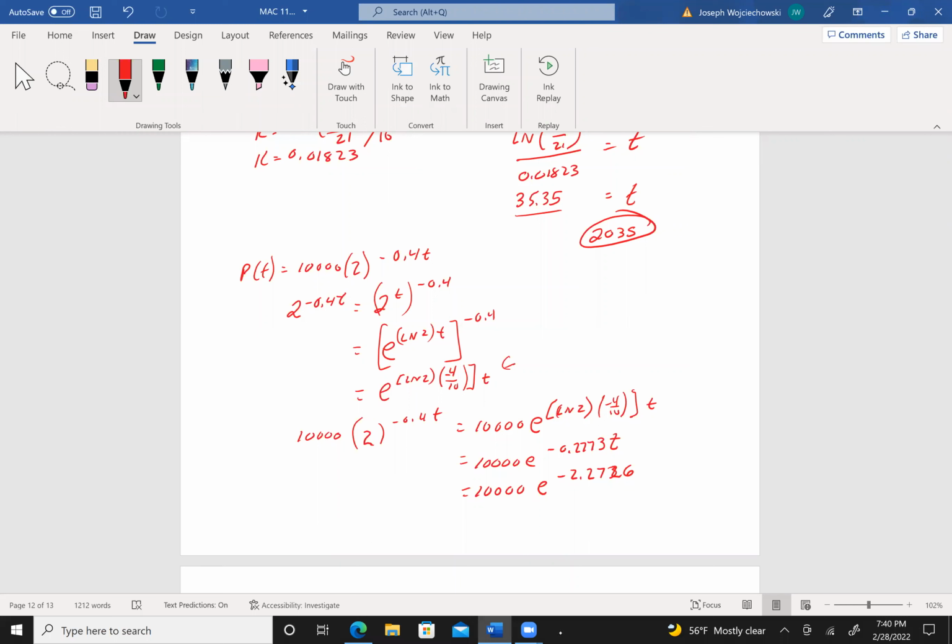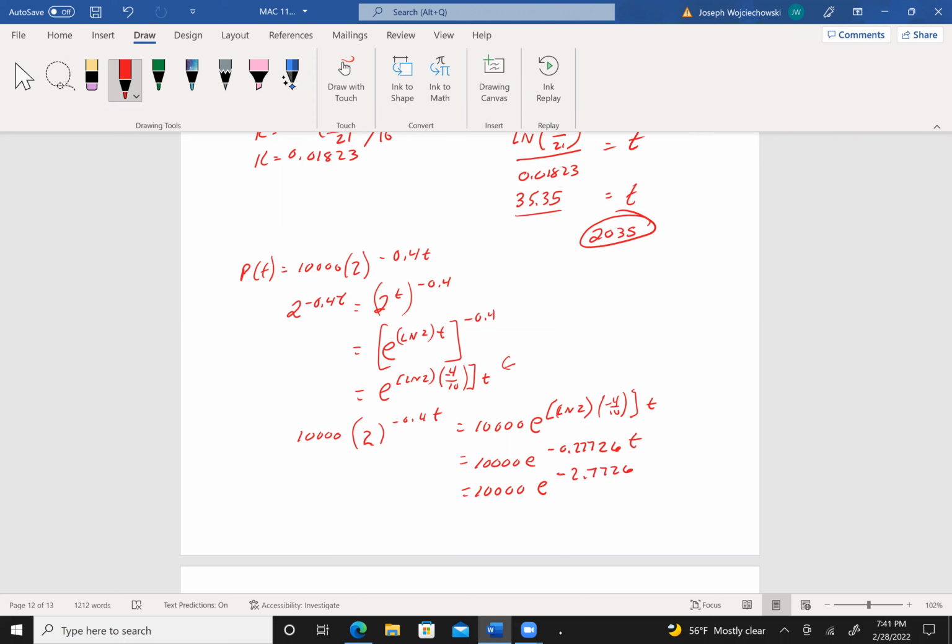So if T is 10, that's wrong. This should be 27726T. So when I multiply it by 10, I get negative 2.7726.